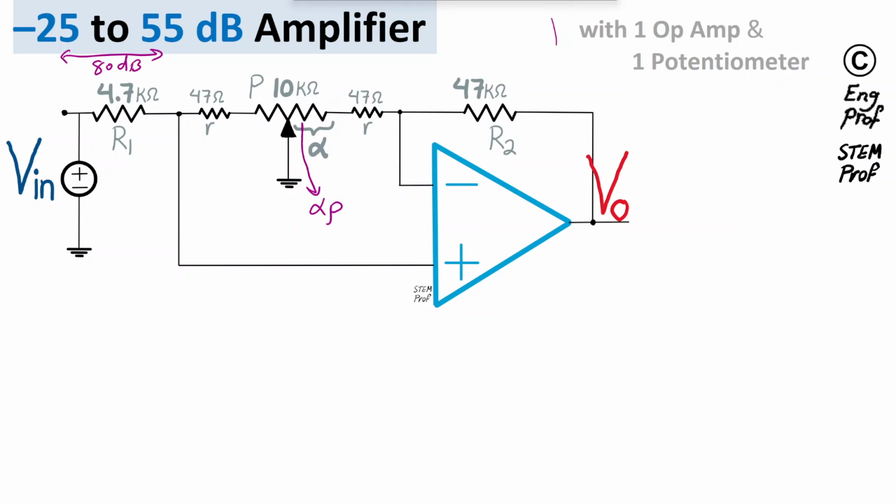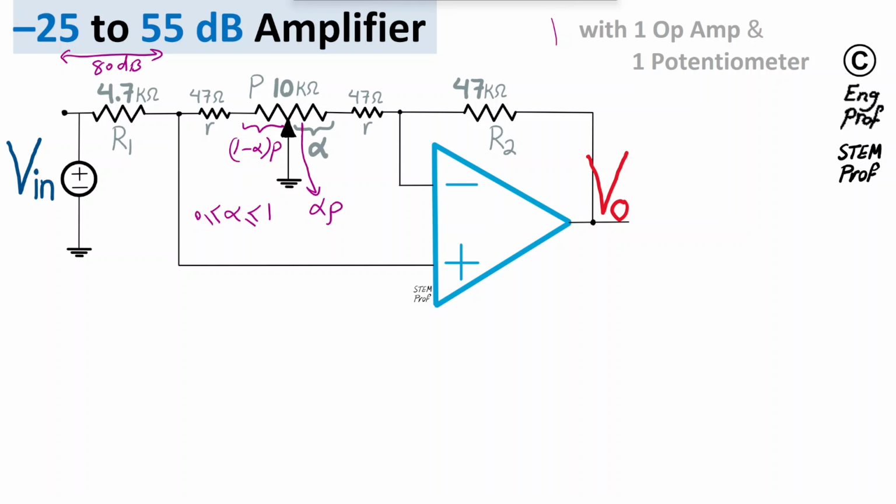Of course, the other side, between the wiper and the other node of the potentiometer, has a value of 1 minus alpha times P, naturally. Alpha is a scalar between 1 and 0, depending on where the wiper is positioned.